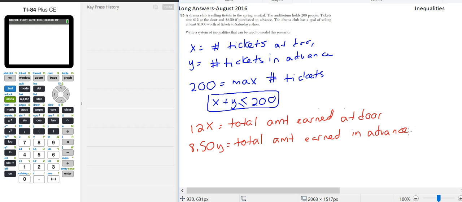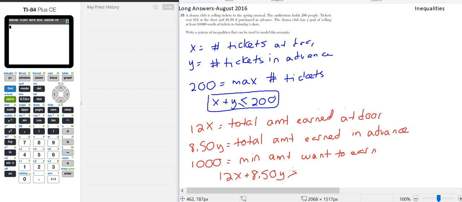And the goal is to sell at least $1,000, so $1,000 is the minimum amount of money that they want to earn. We could use this to write an inequality. 12X plus 8.50Y has to be greater than or equal to 1,000. And this is our other inequality.